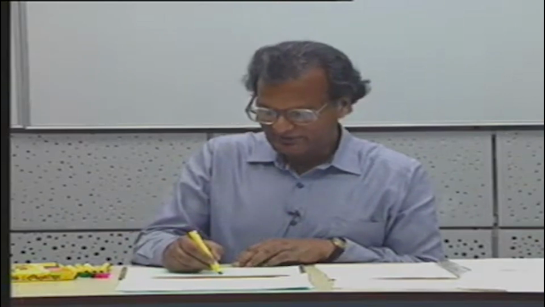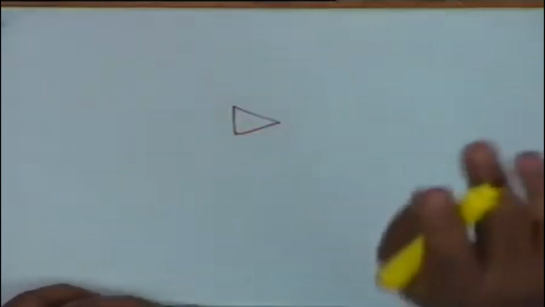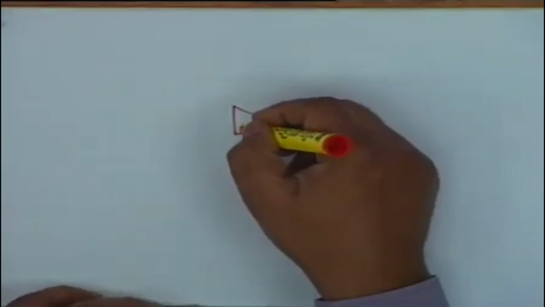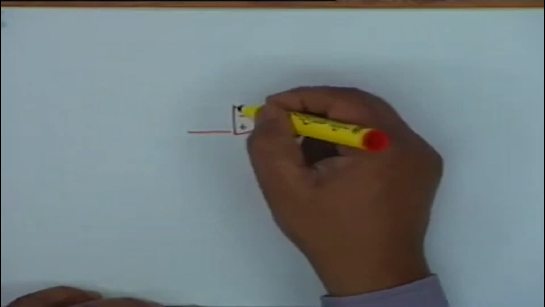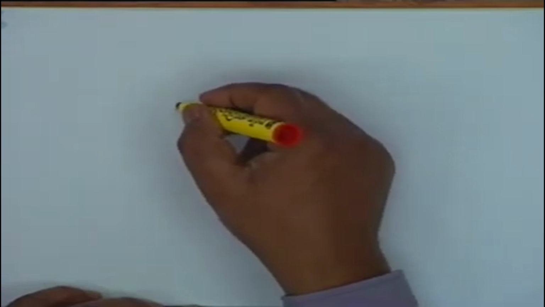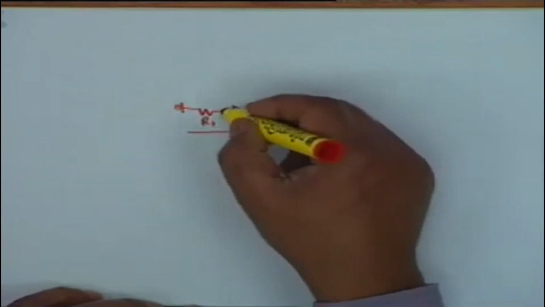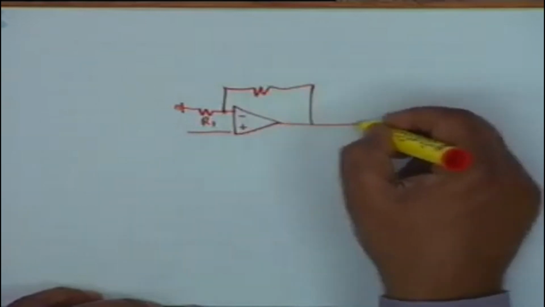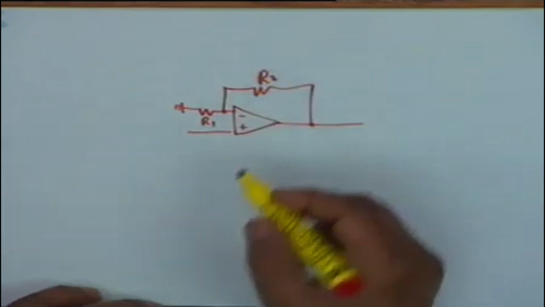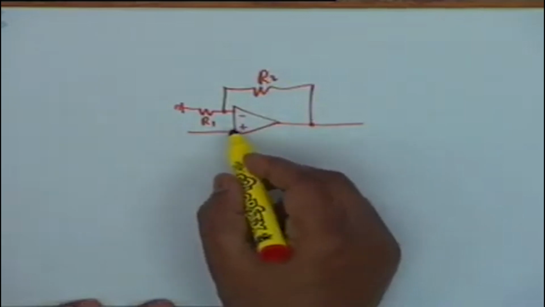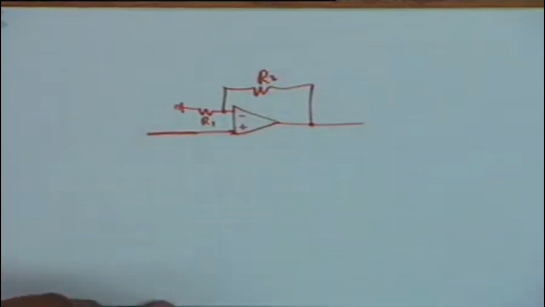Let us say we have an op-amp. Now forget about BJT. Let us say we have an op-amp which has been adjusted for non-inverting gain. This is R1 and this is R2. Okay, and the input is applied here.